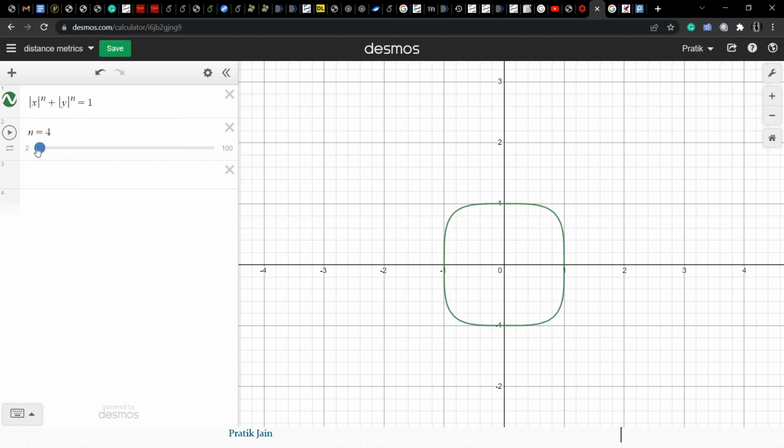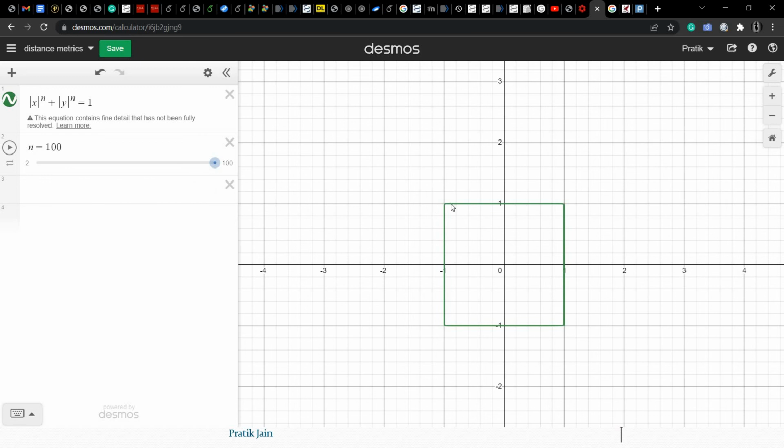So for n equal to say 3, you can see that the circle is now getting elongated like this, and it is approaching towards this square. So as you go further and further, this is approaching a square, right?